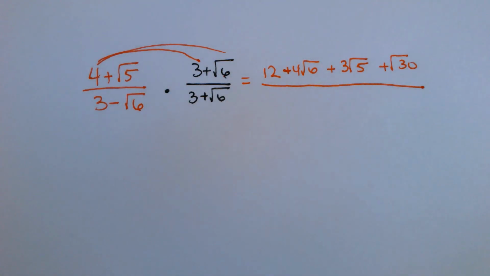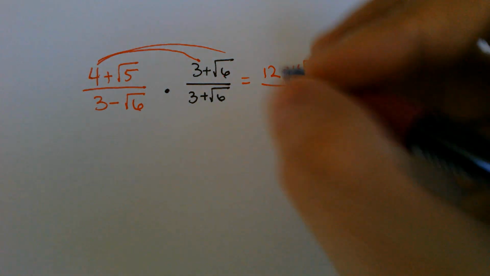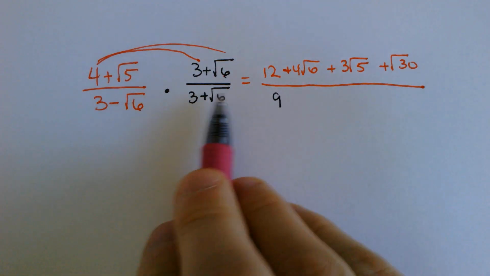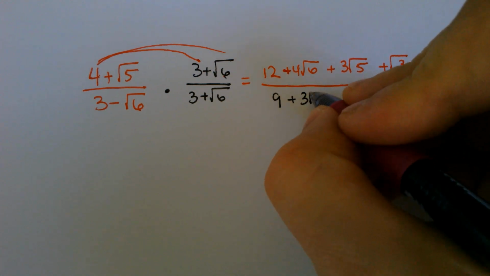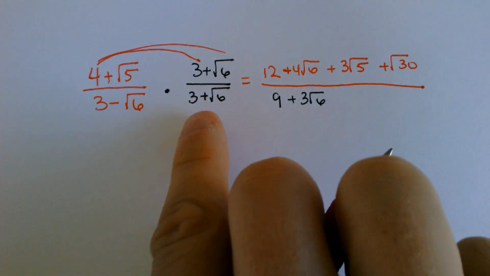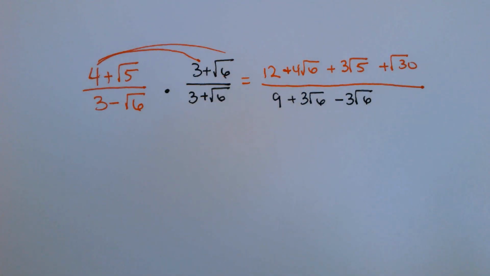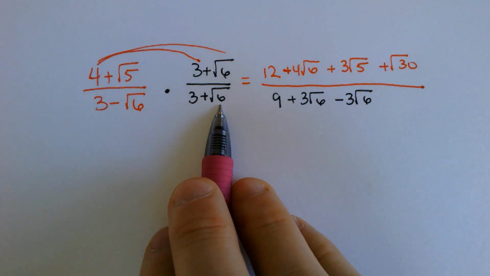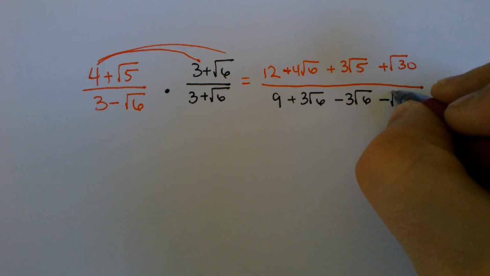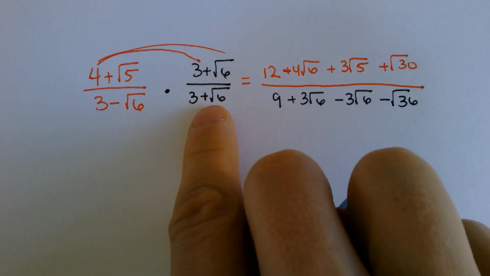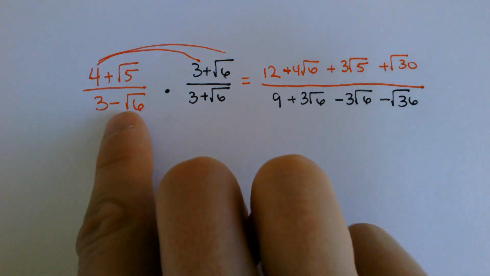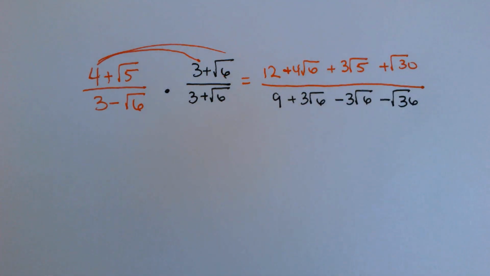Well, the bottom is going to be a little bit better. 3 times 3 makes 9. 3 times the square root of 6 makes 3 square root of 6. 3 times a negative square root of 6 makes negative 3 square root of 6. And the square root of 6 times the square root of 6 is the square root of 36, but because one of them is negative, we put a negative on the outside because a positive times a negative is a negative.